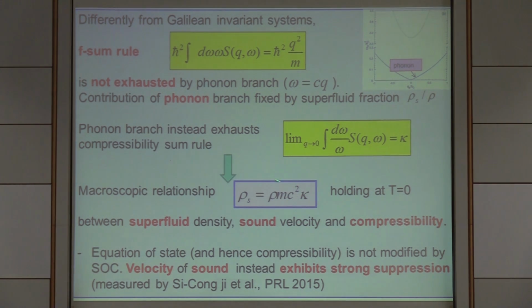The result is that one can employ this relationship together with the experimental value of the sound velocity, which is available now via Bragg spectroscopy experiments, to determine the experimental results for the superfluid density and compare it with the theoretical prediction.